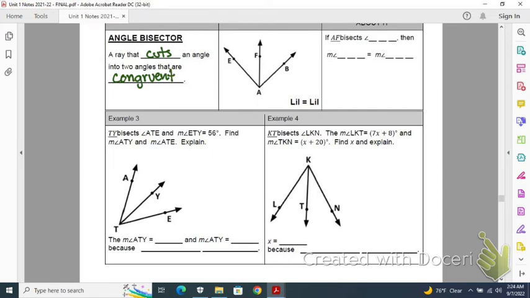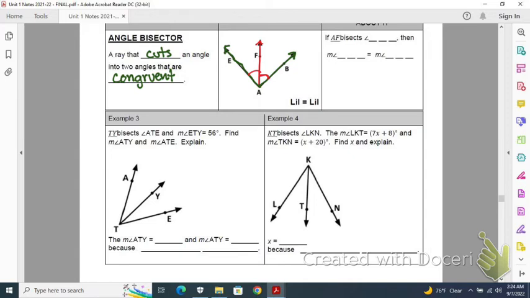Our diagram, we're going to say AF will bisect our big angle EAB. Therefore, EAF is going to be congruent to FAB. It's important for you guys to draw those markings to indicate that those angles are congruent.